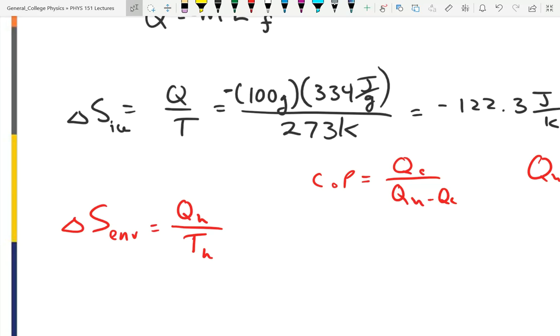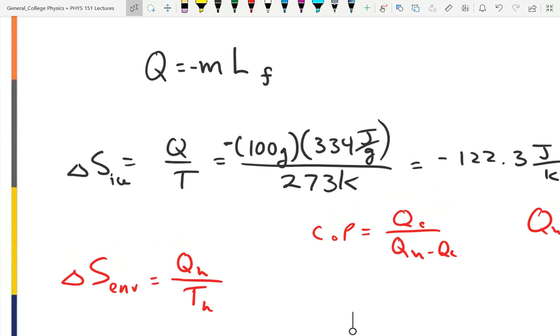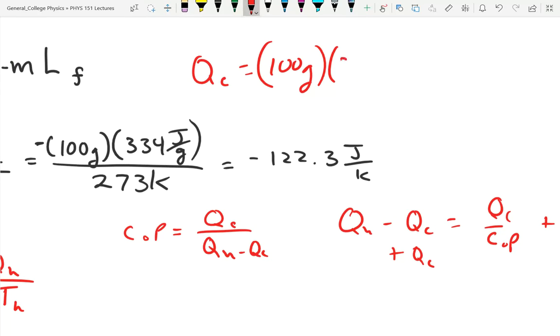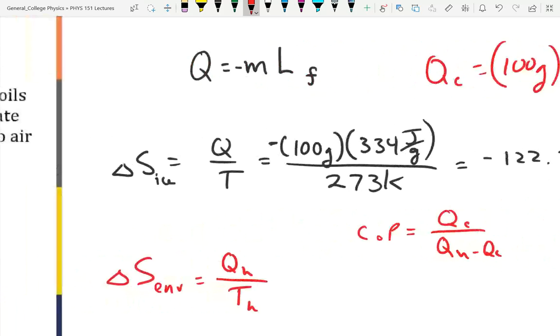Well, it was 100 grams times 334 joules per gram, because the Q cold was the heat that was necessary to freeze the ice. We already used it, but we never did the simple calculation. So that was my Q cold.